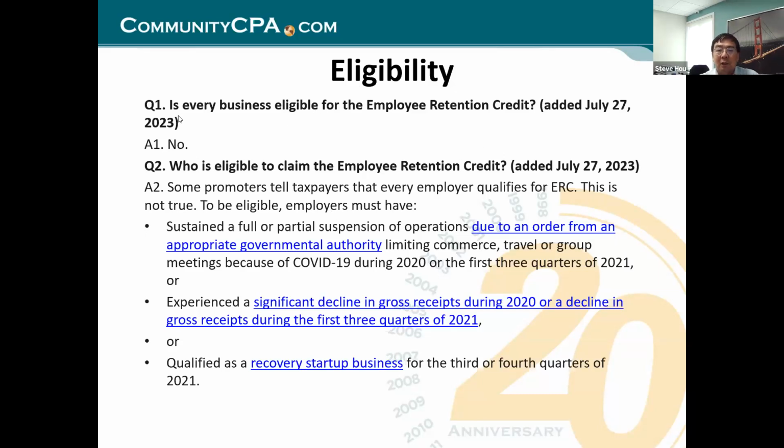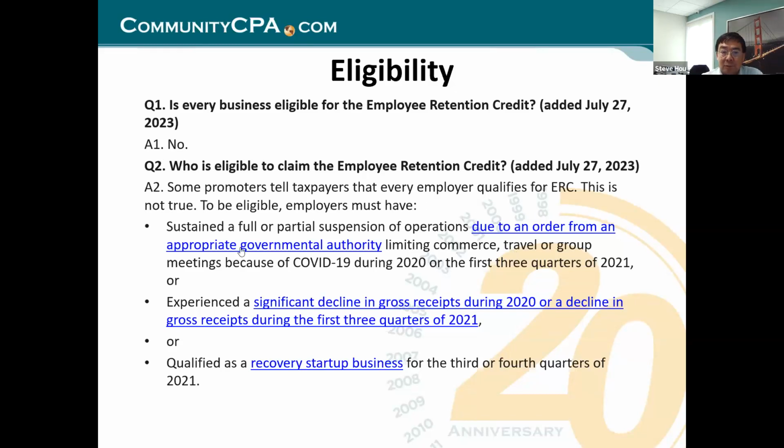So for instance, related to eligibility, question number one is: is every business eligible for ERC? The answer to that is clearly no, because in the law and the IRS rules, it's made clear that you have to qualify under one of the applicable criteria. So not everyone is eligible.